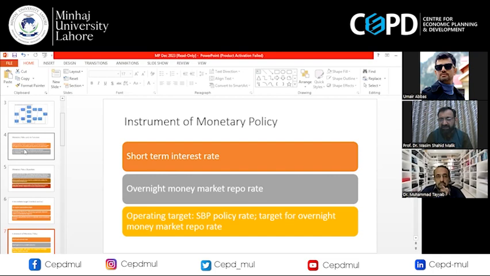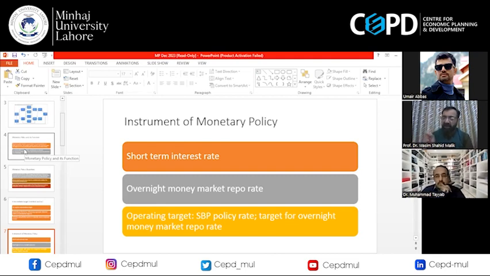The Central Bank sets an operating target for this overnight money market repo rate. That is the Central Bank's policy rate, the SBP policy rate. So the instrument of monetary policy in Pakistan is the overnight money market repo rate, which is a short-term interest rate.